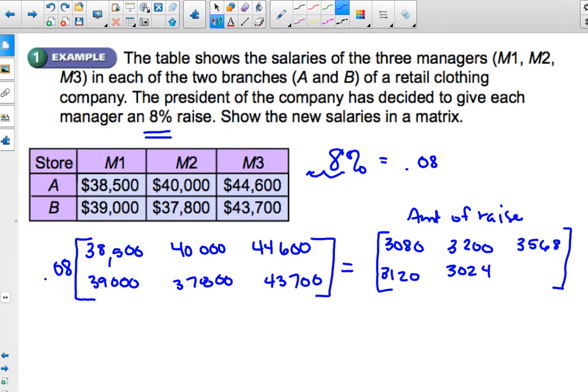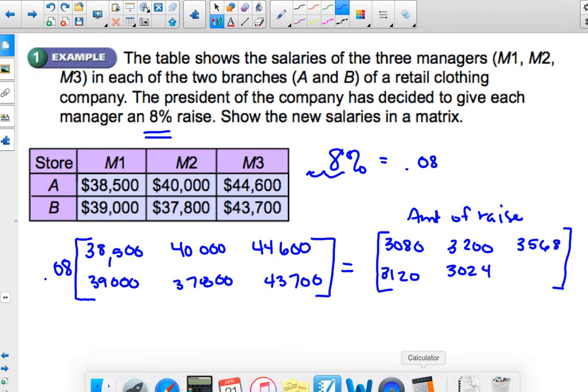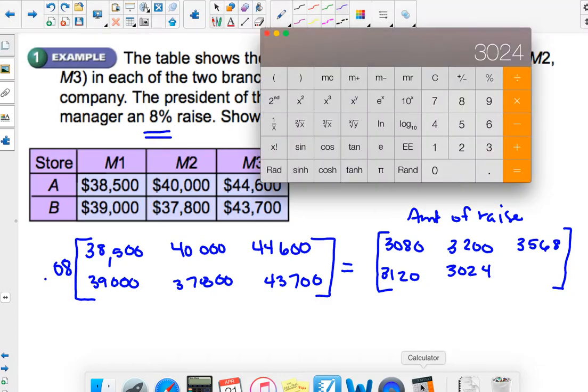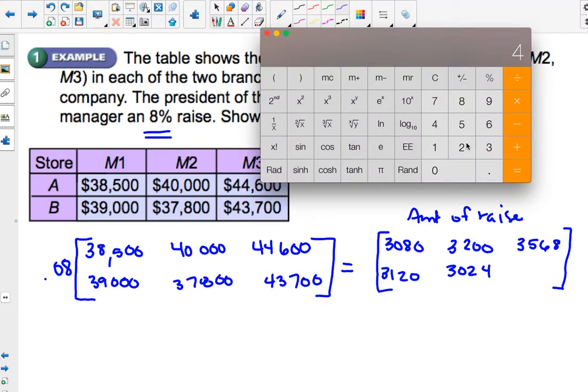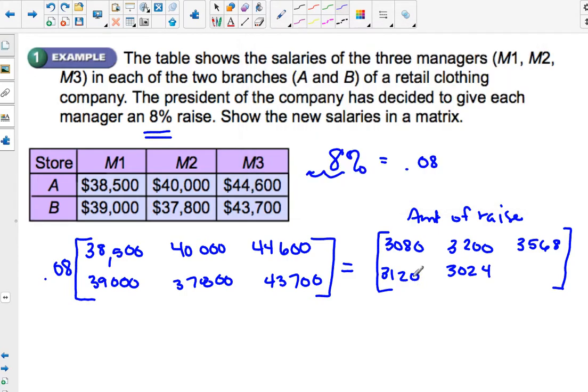And then finally 43,700 times 0.08 is going to give us 3,496. Okay, so now that is the amount of the raise.